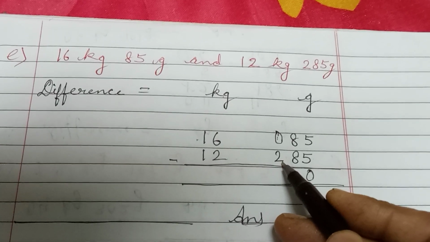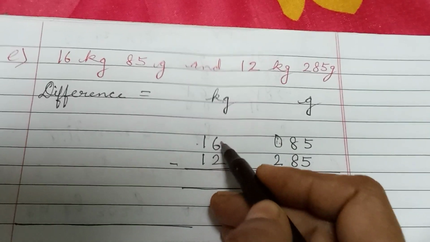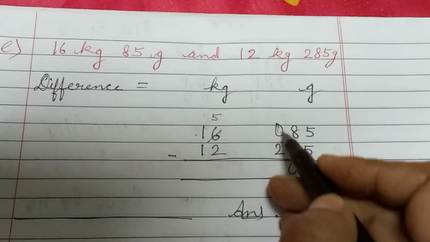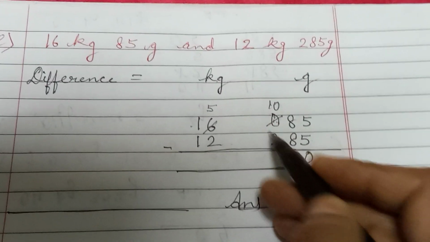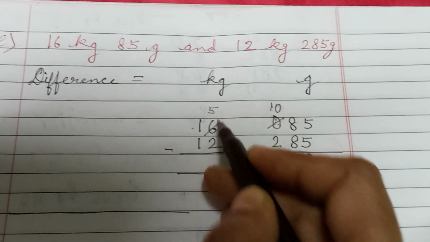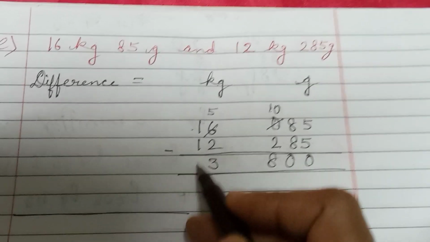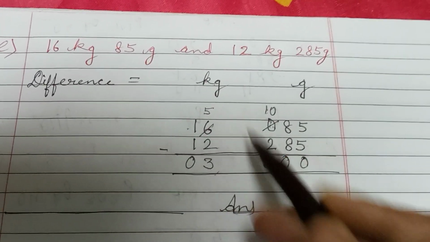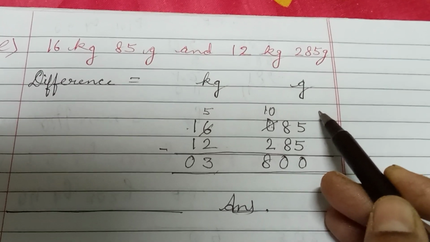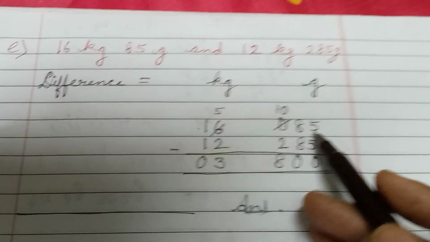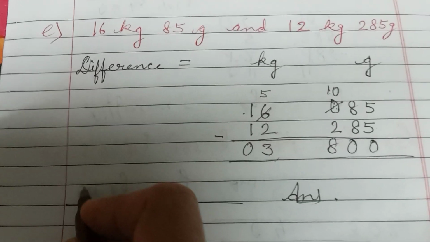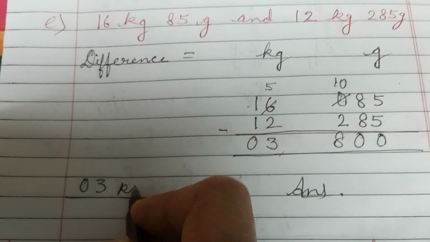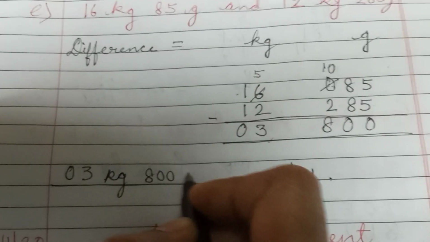Now 0 minus 2 is not possible. 0 will borrow from this 6. 6 becomes 5. 0 becomes 10. 10 minus 2 is your 8. 5 minus 2 is your 3. 1 minus 1 is your 0. So your final answer is 3 kg 800 gram. Okay, so you write here the final answer, that is 3 kg 800 gram.